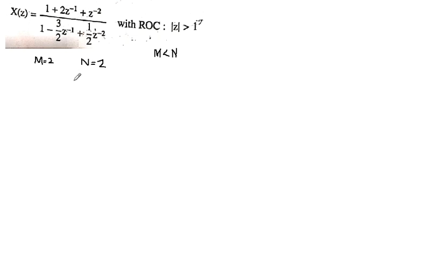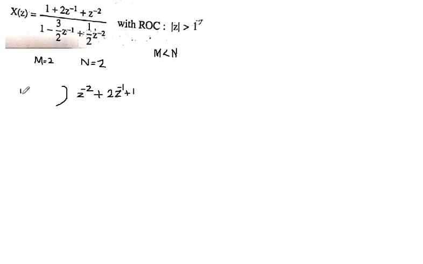So here we get this one as it is. So we have to divide the numerator by the denominator. Let's write it in this fashion. It is z raised to minus 2 plus 2 into z raised to minus 1 plus 1, and then we divide it by this.